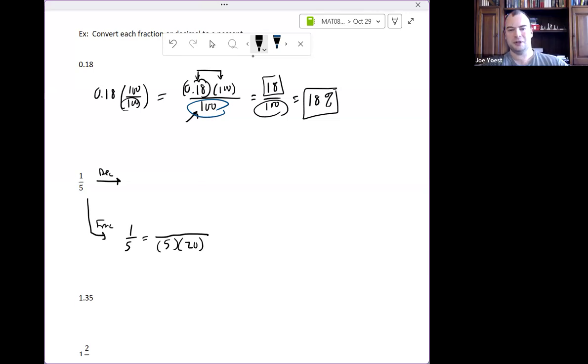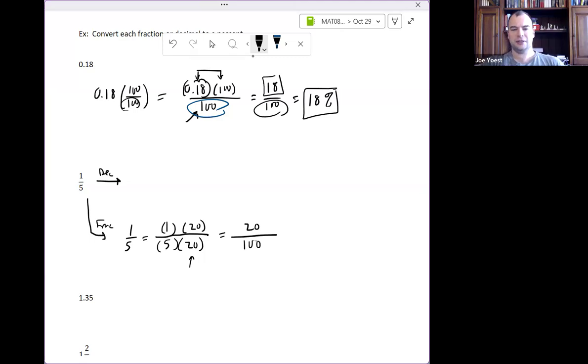Well, 5 needs to multiply by 20 to make 100. I multiply the denominator by 20, so I have to multiply the numerator by 20 as well. So I have 100 in the denominator now, and 20 times 1 is 20 in the numerator.